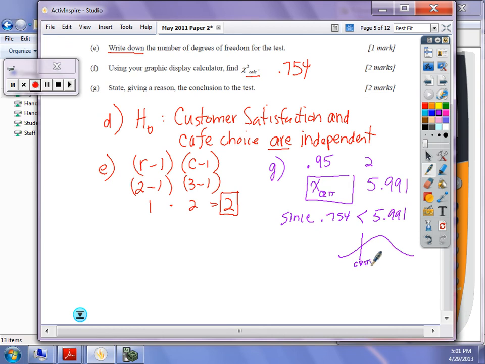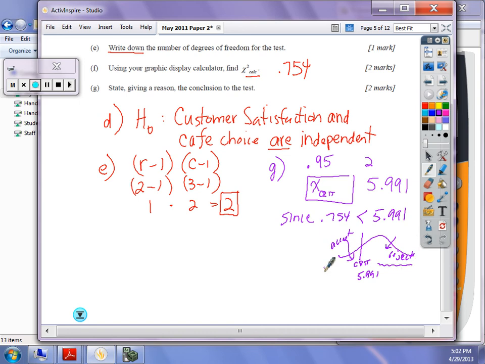And then you need to write down something that shows that you understand that since 0.754 is less than 5.991, and if you kind of think of what our test looked like, here was our critical value, that's our 5.991, and this was the area where we accept, and this is the area where we reject. If our chi-squared value that we calculated ended up over here, we reject the null hypothesis.